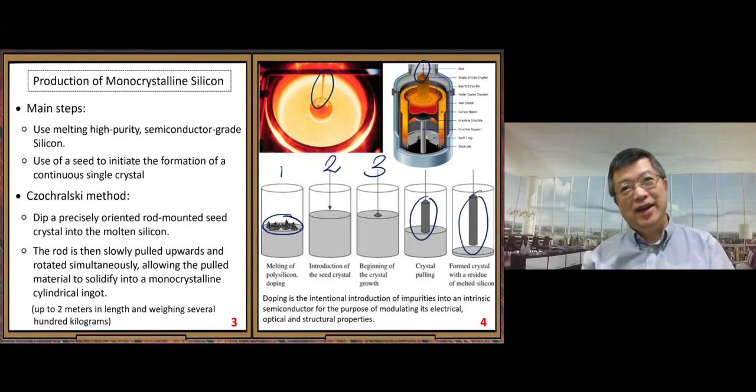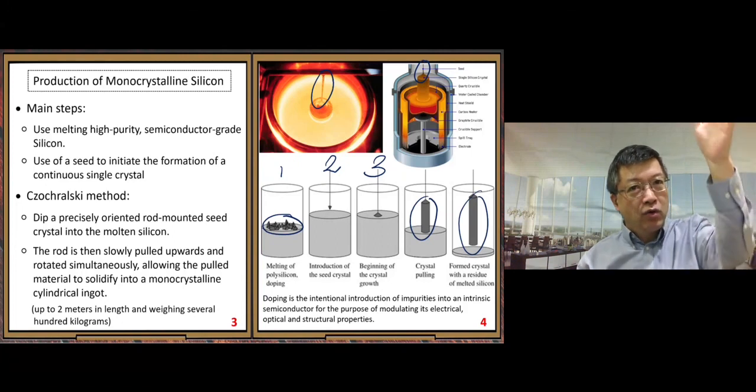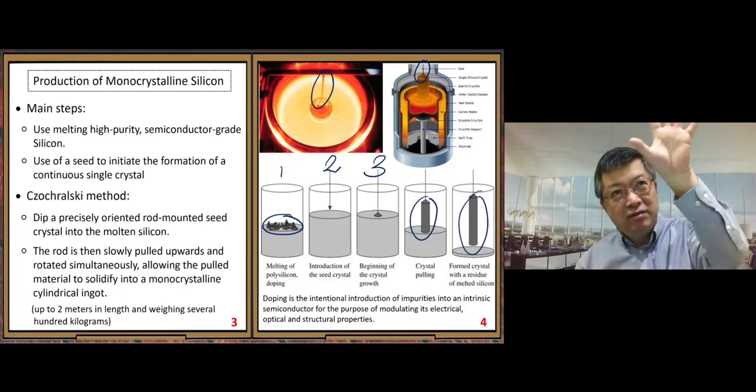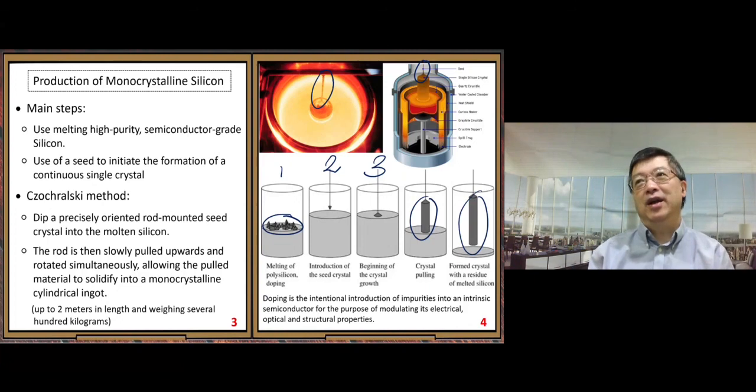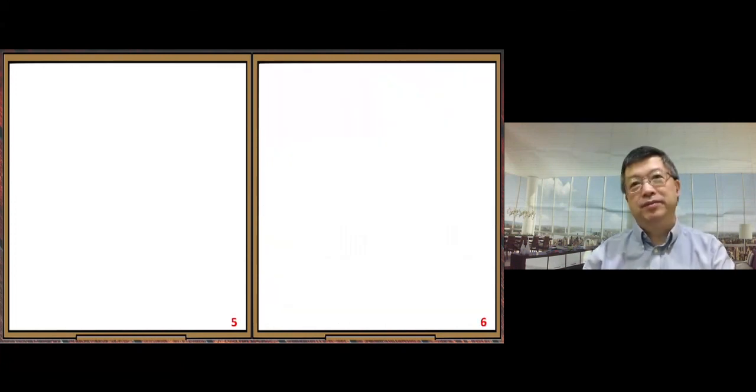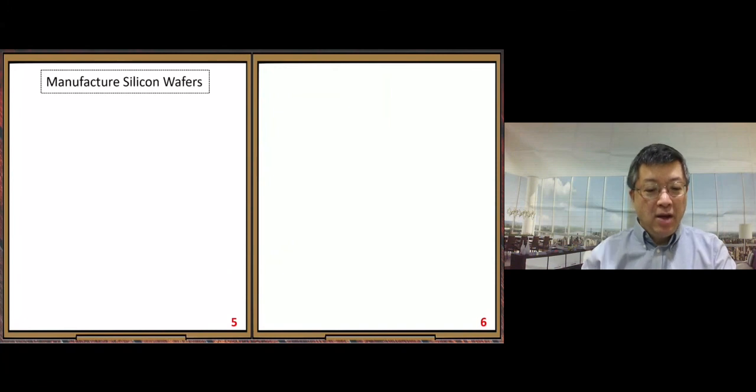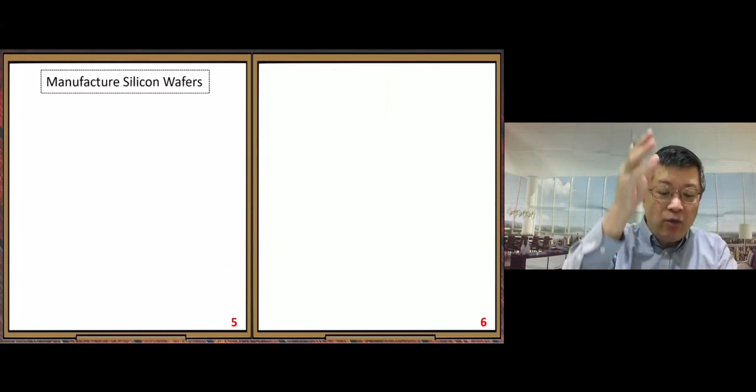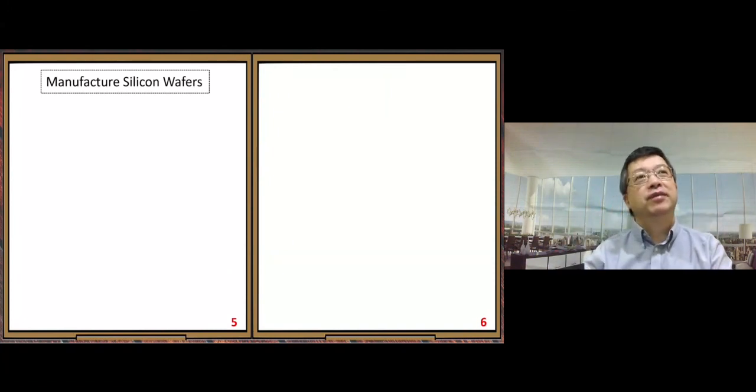Okay? So that's the important step, the monocrystalline silicon step. All right, high purity. Then next we move to some more steps. Next step, manufacture silicon wafers.